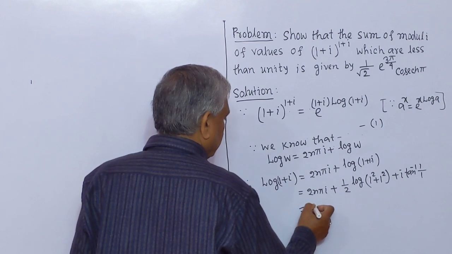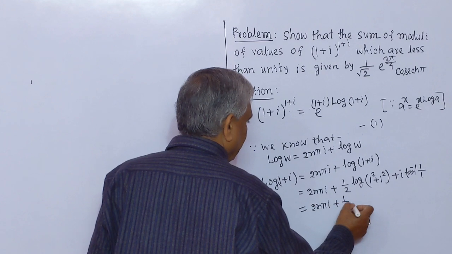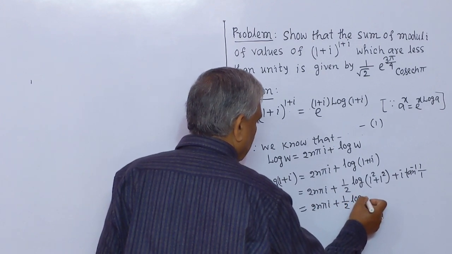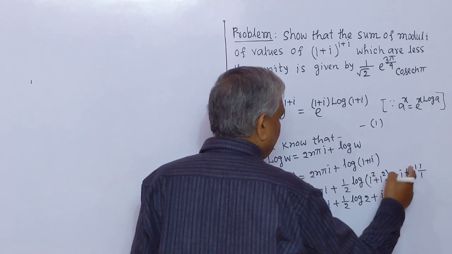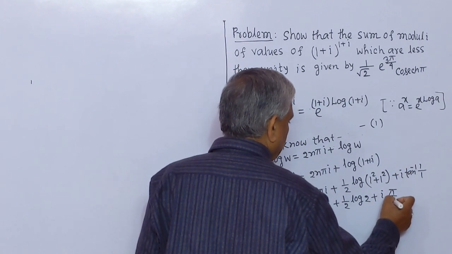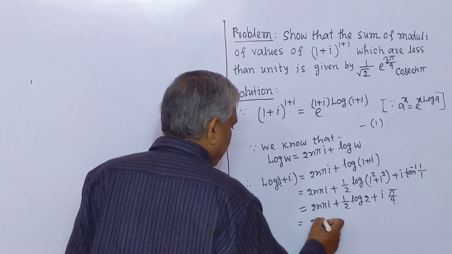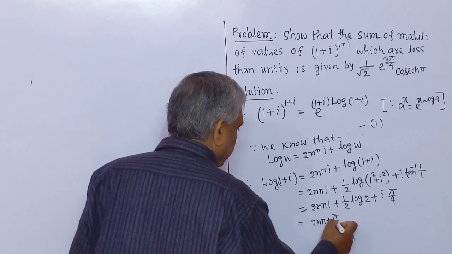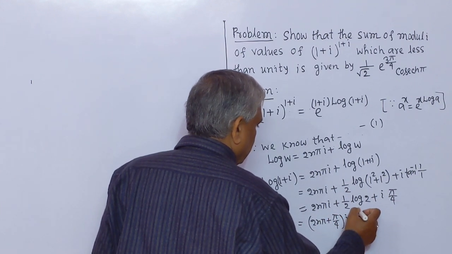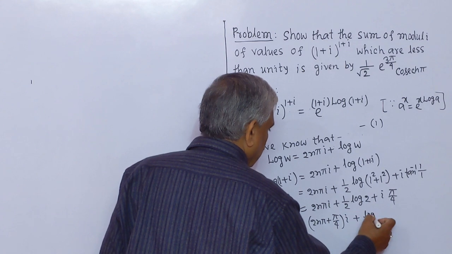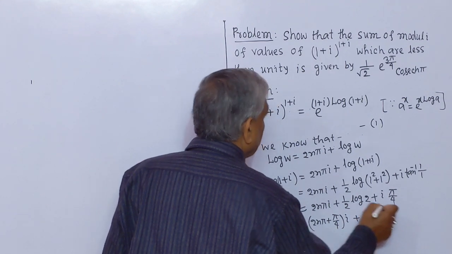This will be equal to 2n pi i plus half log 2 plus i tan inverse 1, which is pi by 4. This is equal to (2n pi plus pi by 4) i plus log 2 to the power half, which means log square root 2.